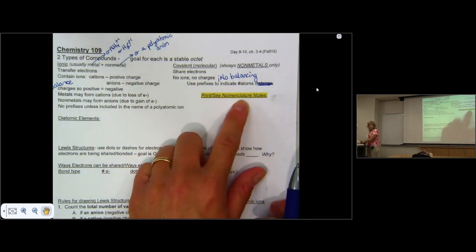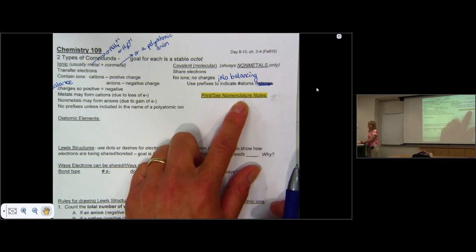I'm going to let you do this before Wednesday. Watch those videos. Do nomenclature. Guys, there are lots of practice problems on Blackboard, blank worksheets. Print them out, do them, print them out, do them. You cannot watch the video once and say, oh, yeah, I got that, unless you had a really good high school. You might have, and that's great if you did.